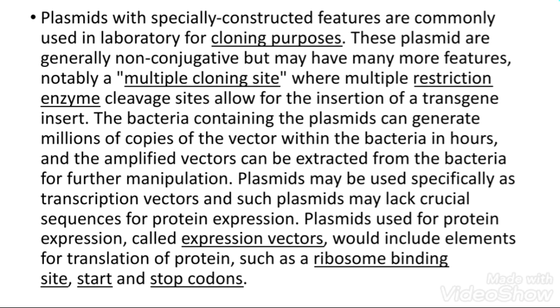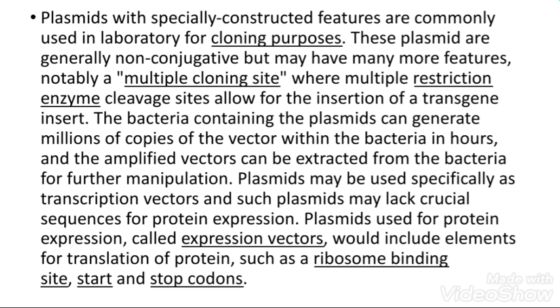For further manipulation, plasmids may be used specially as transcription vectors, and such plasmids may lack crucial sequences for protein expression. Plasmids used for protein expression, called expression vectors, include elements for translation of protein, such as a ribosome binding site and start and stop codons.